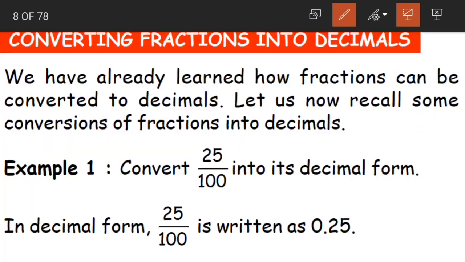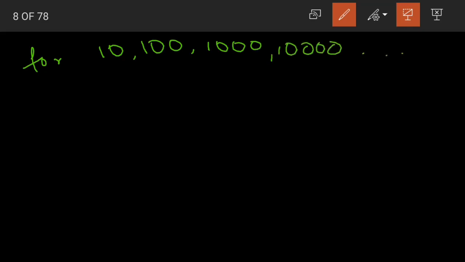What are the steps? This is for the numbers which have denominators 10, 100, 1000, 10,000 and so on. Understood, children? 10, 100, 1000, 10,000, 1 lakh and so on. Here we are having the fraction 25 by 100. Yes.